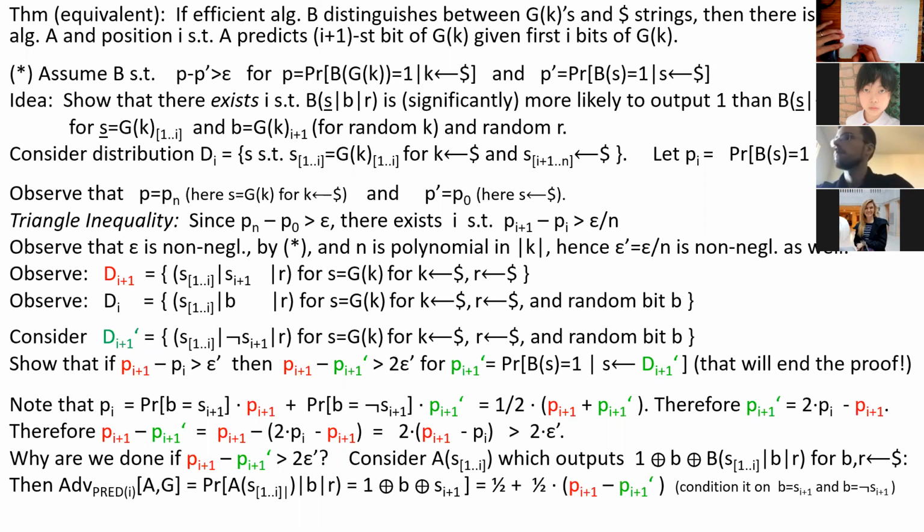Therefore, this is 1/2 p_{i+1} plus 1/2 (1 minus p'_{i+1}), which is what I wanted: 1/2 plus 1/2 (p_{i+1} minus p'_{i+1}), which is greater than 1/2 plus 1/2 times 2 epsilon prime. So it's 1/2 plus epsilon prime.